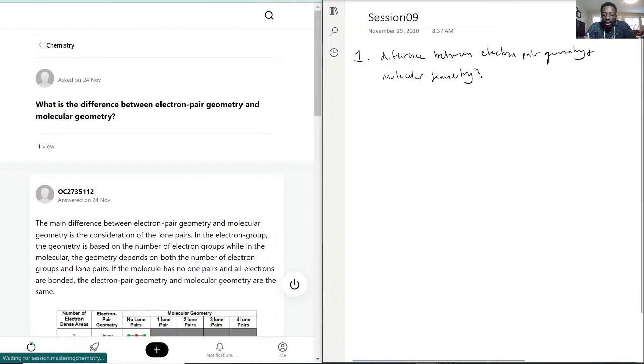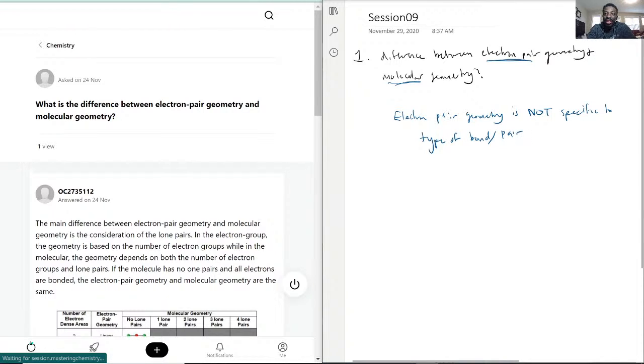So, with this type of question, you can kind of hint at what they're getting at based on their name, but the way I like to remember it is that electron pair geometry is not specific to type of electron, type of bond slash pair.